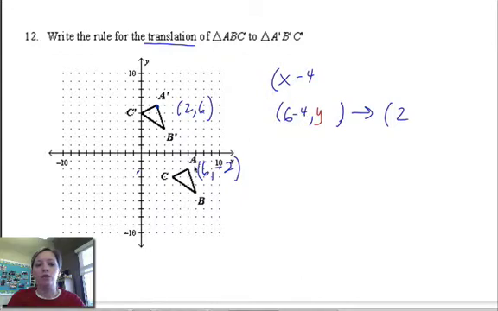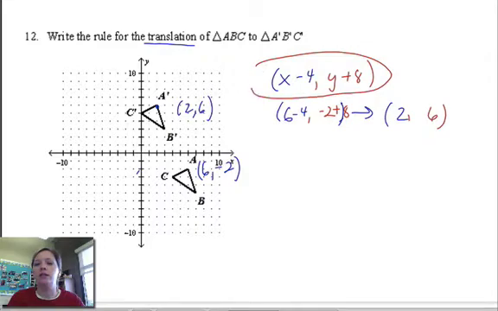My y values went from negative 2 all the way up to positive 6. So what do I have to do to negative 2 to get positive 6? I got to add 8. So this is the rule for my transformation. You can write it as a vector if you like as well. Either way you're writing that is fine.